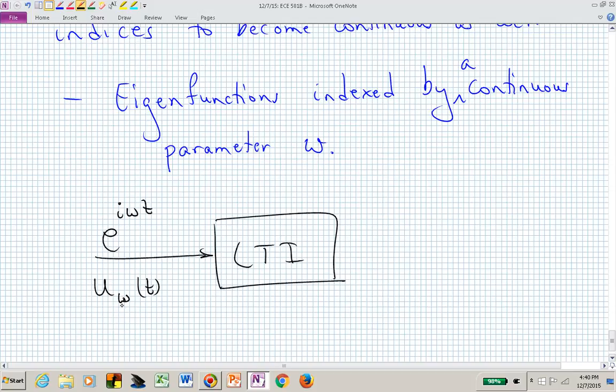And now we have learned that we can say the output is now H of omega e to the i omega t, and that you could also think of as some scalar weighting on our eigenfunction, which is just u omega of t.